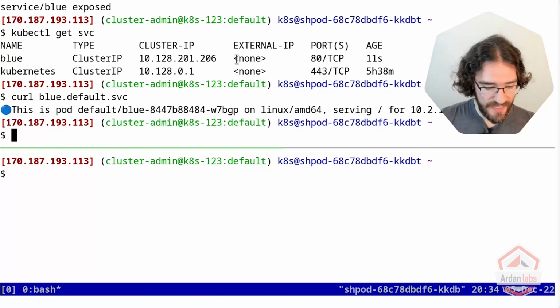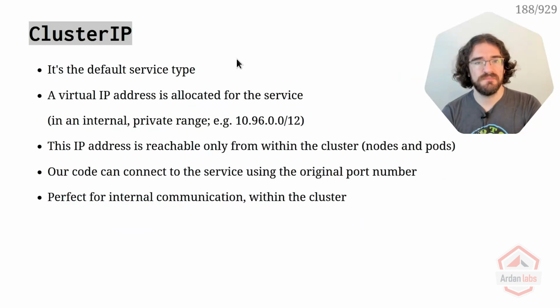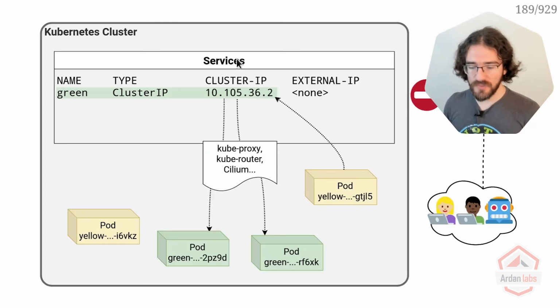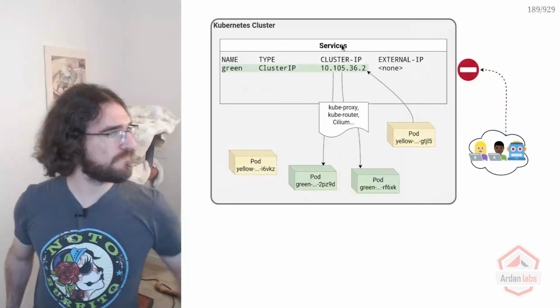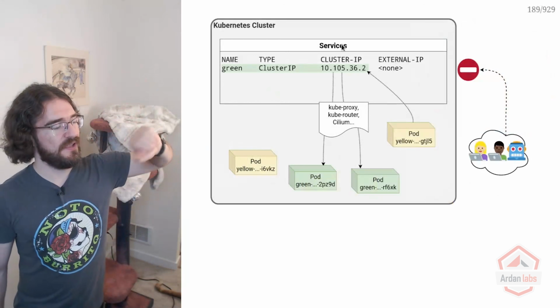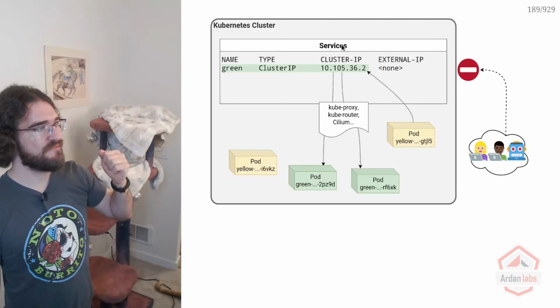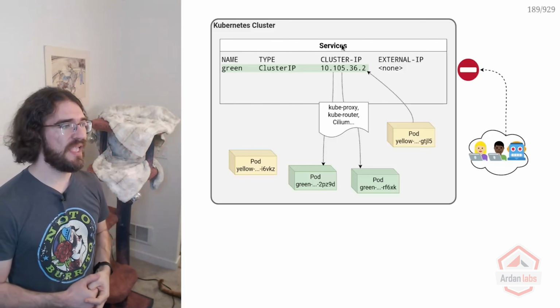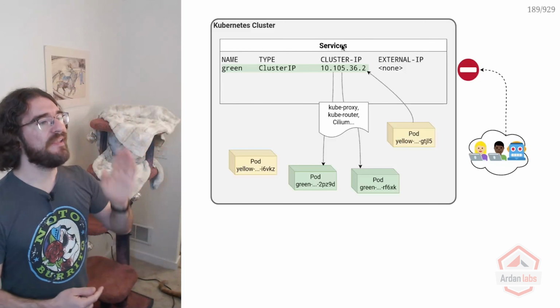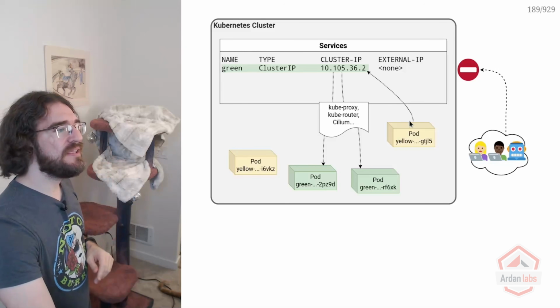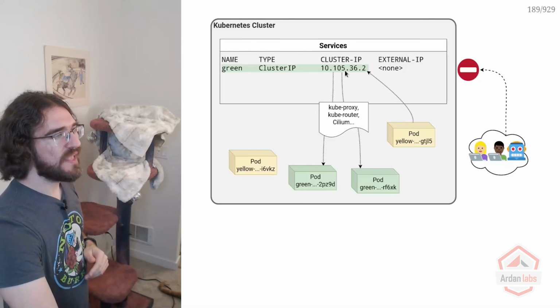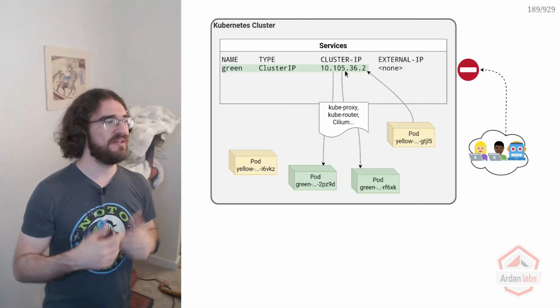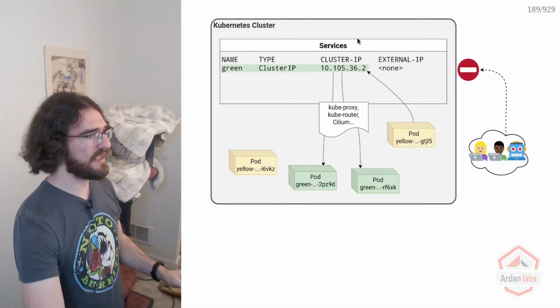Okay, so that's how it works. So that's my cluster. I have a green service and I have a bunch of pods here, and what I can do is connect directly to the cluster IP, and I have something that will take care of the load balancing to the backend pods.